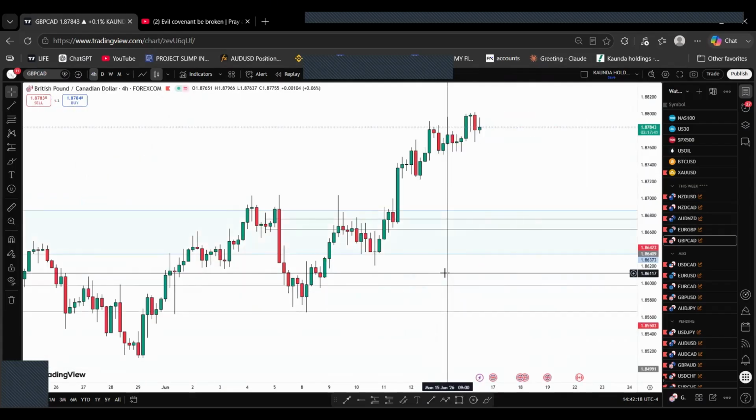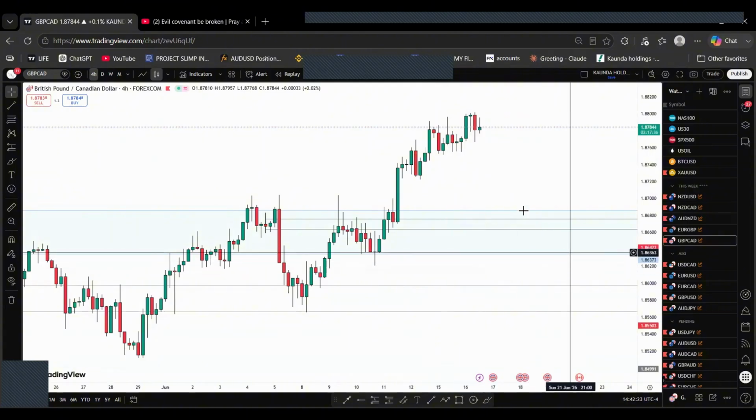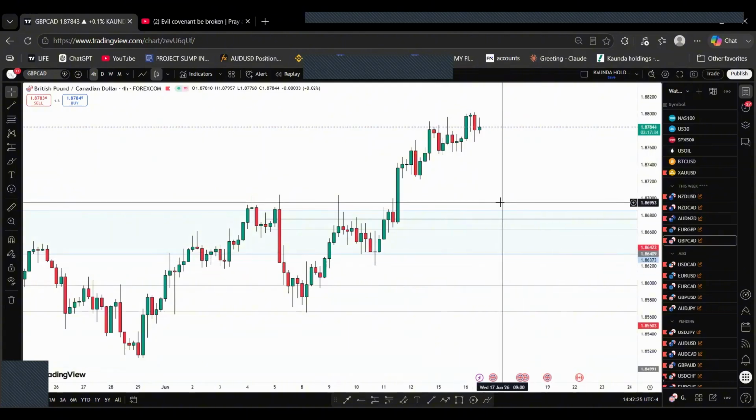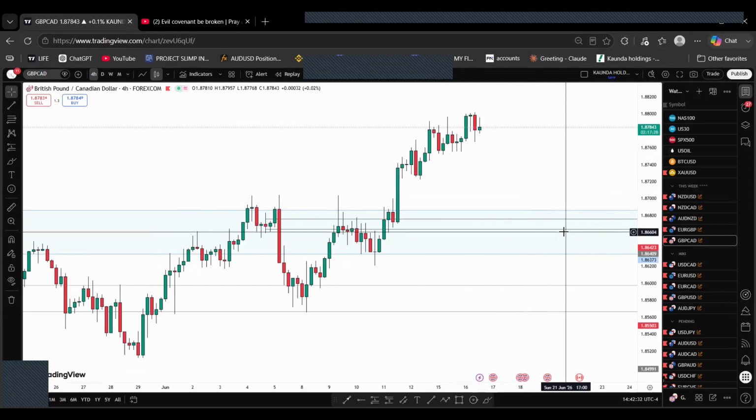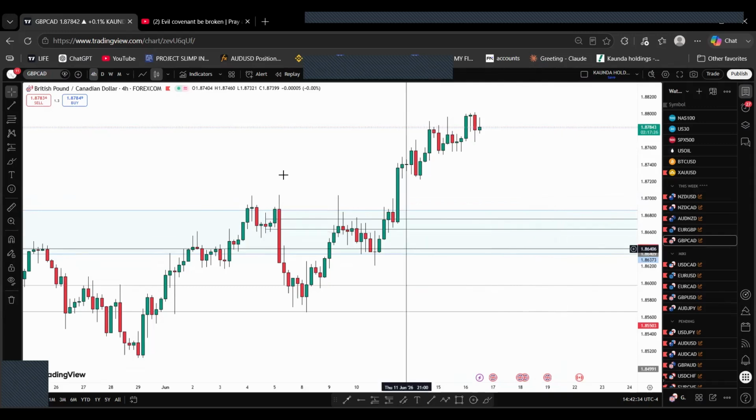And lastly, GBP AUD, we need price to come back here. Okay. So I think that's it. That's it.